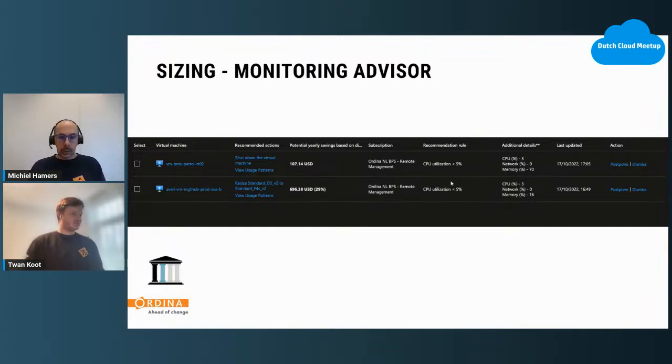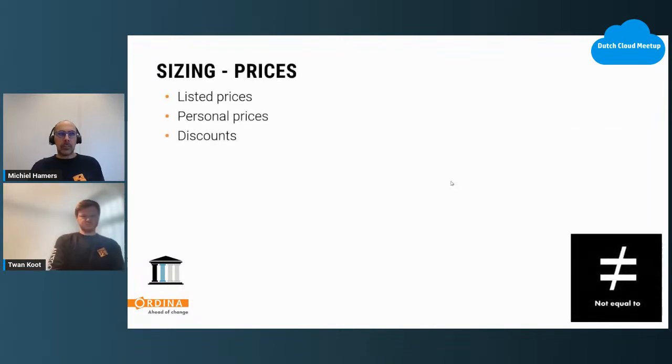Yep. And if you think everyone has the same prices, that's not the case. Sizing and prices may differ for each customer. The listed prices are out there on the internet and everyone can find them, but you can also have personal prices and even personal discounts.